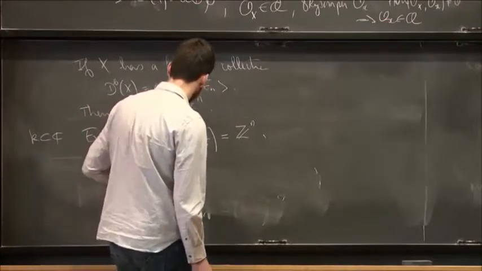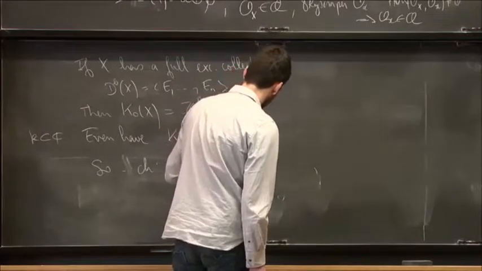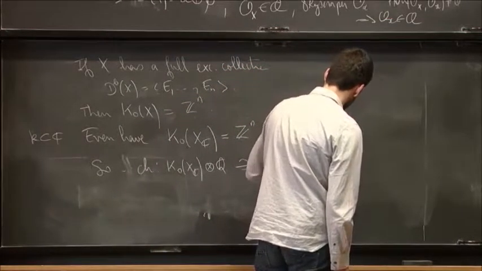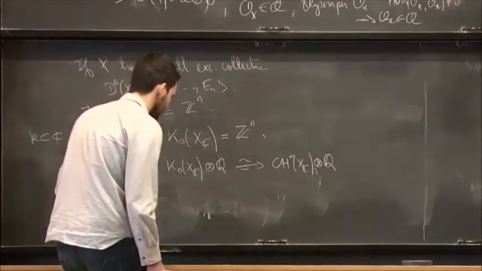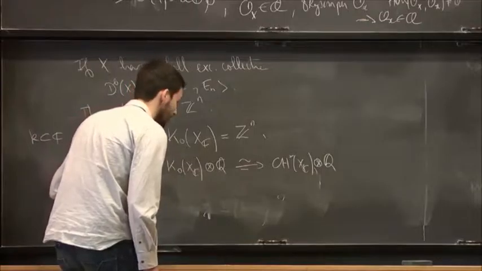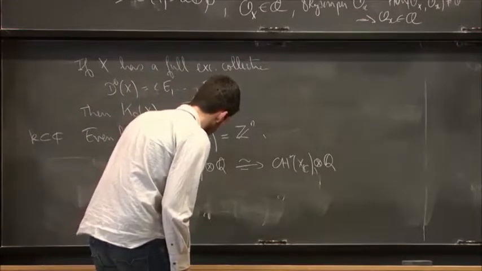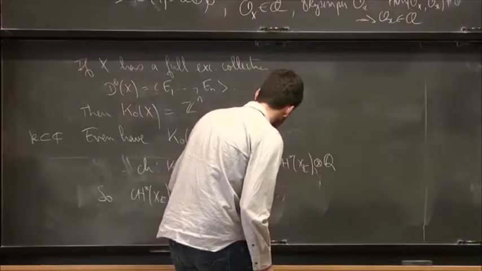We have the Chern character from K0 of X_C tensor Q. So this says that Chow star of X_C tensor Q is, let's say, a finite dimensional Q-vector space.